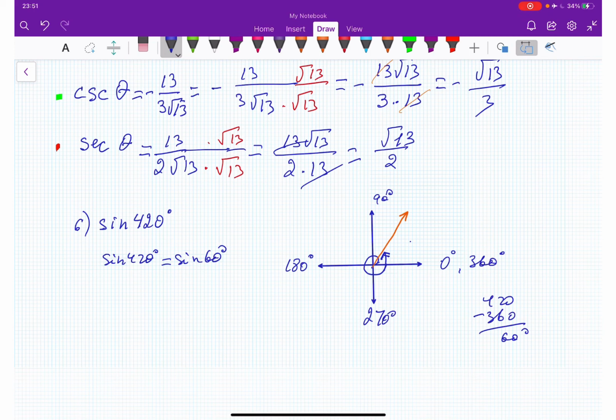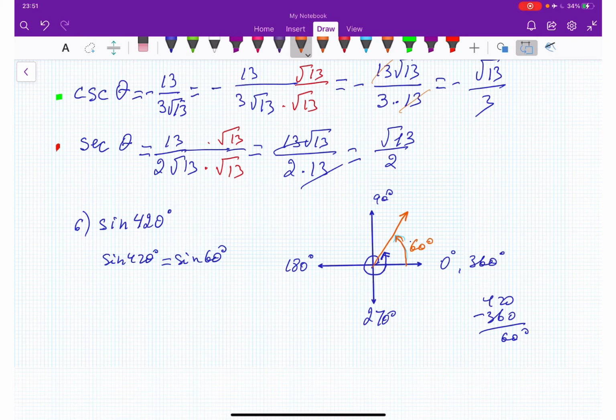Why? Because if I use this color from here to here, I also have 60 degrees. And I did a full circle. I also ended up at 420 degrees. I ended up on the terminal side of 60 degrees.